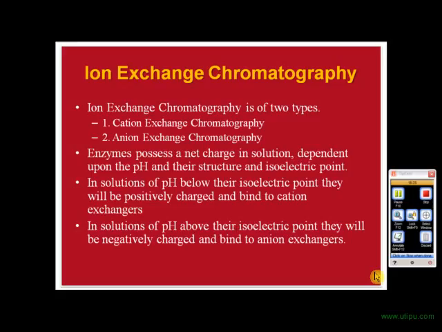Whenever we use that high ionic strength, suppose you have added 1 millimolar sodium chloride solution, or 1 millimolar imidazole solution. Like that, we will use some ionic strength buffers.